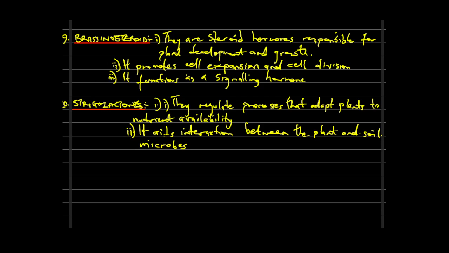And then it regulates plant metabolism. Number three, it helps to regulate plant metabolism. So these are some of the phytohormones that we have for us to discuss tonight, today.